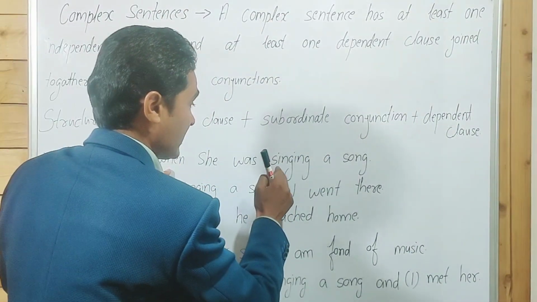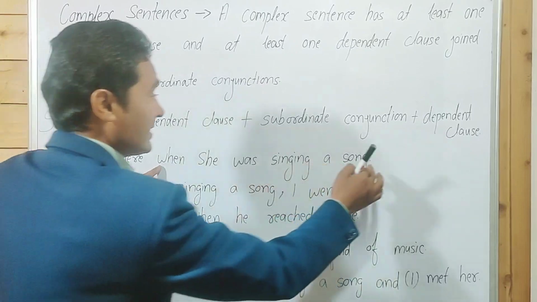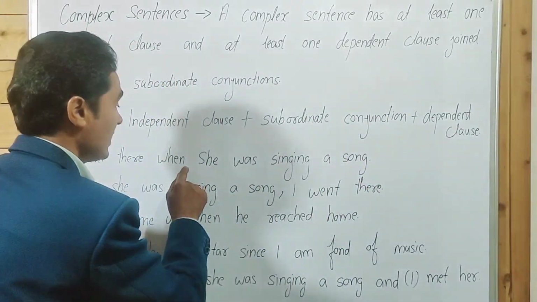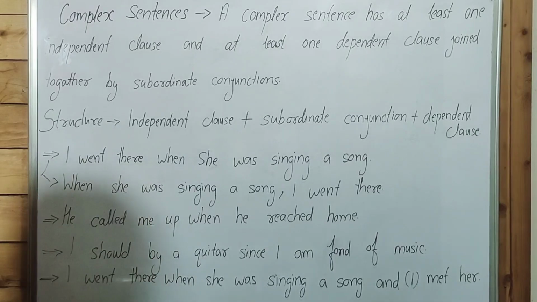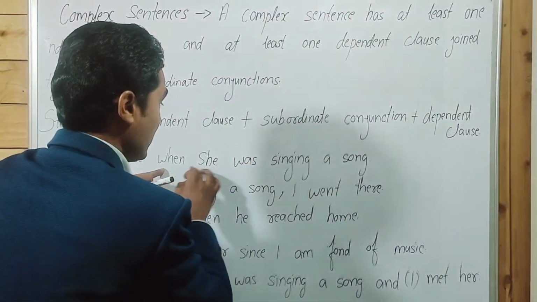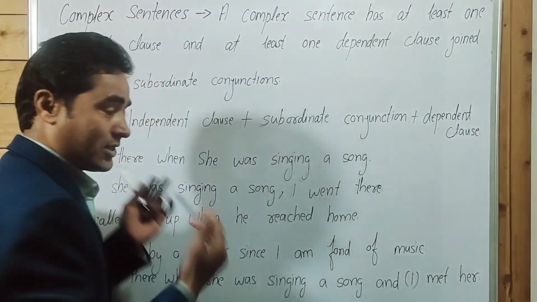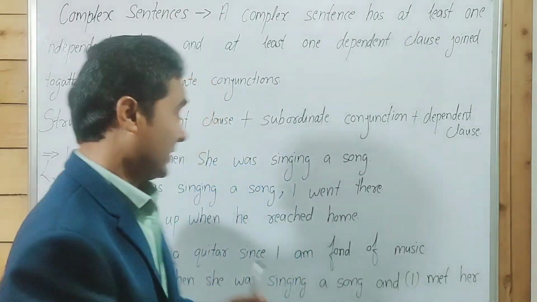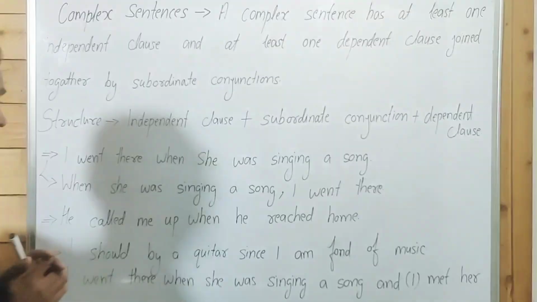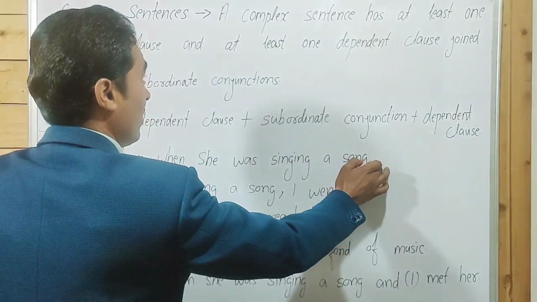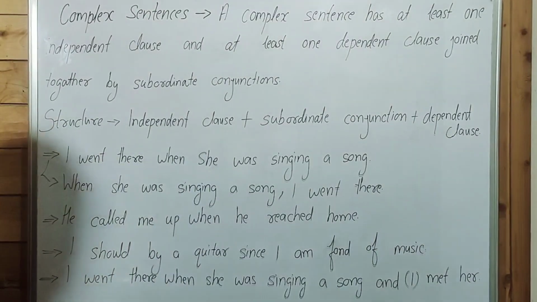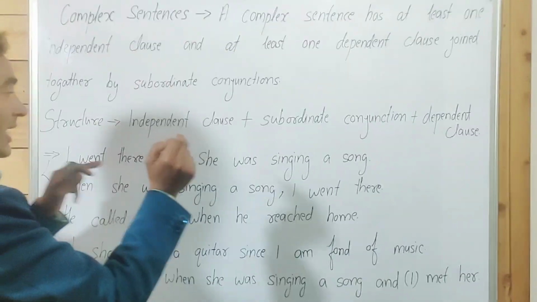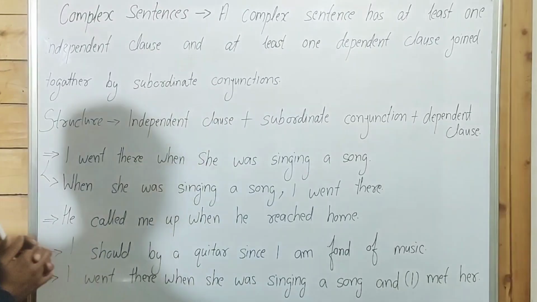When she was singing a song is a dependent clause. When is a subordinate conjunction. We start a dependent clause with a subordinate conjunction. It's a complex sentence. It has two clauses: first, an independent clause, and second, a dependent clause.